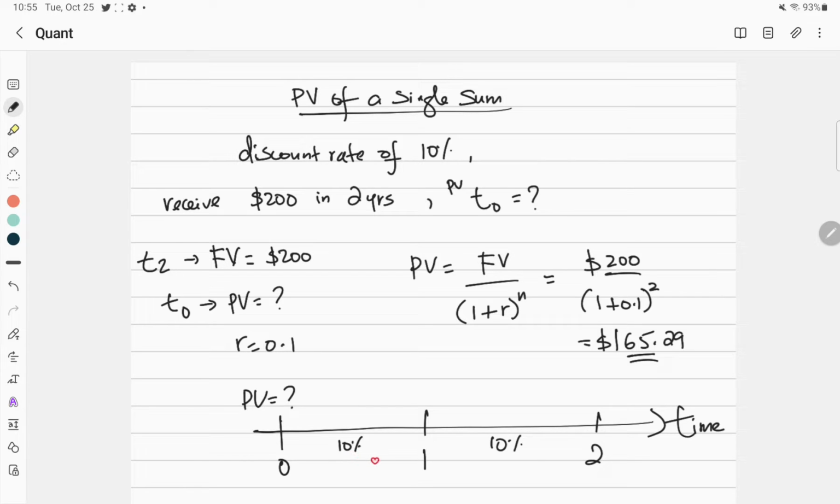At an interest rate compounded yearly of 10%, how much would you have invested at time 0 so that in 2 years you would receive $200? This present value is $165.29. You should have invested this much at time 0 so that you will get a lump sum, a one-time payment of $200 at the end of year 2 at a discount rate of 10%.